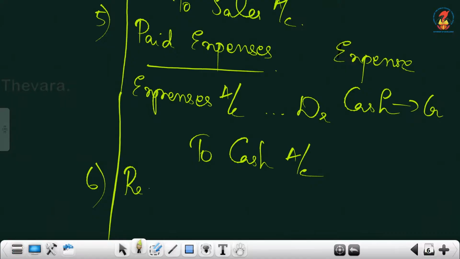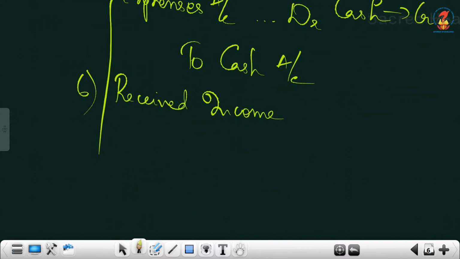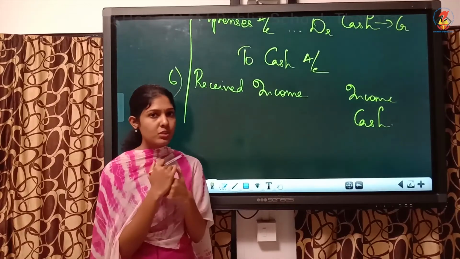Then the 6th one, received income. Received incomes like received commission, received interest. So received income. Which are the 2 items, 2 accounts? One is income account, and what are we receiving? We are receiving income in the form of cash. So these are the 2 items. What comes in must be debited. That's the rule of real account.